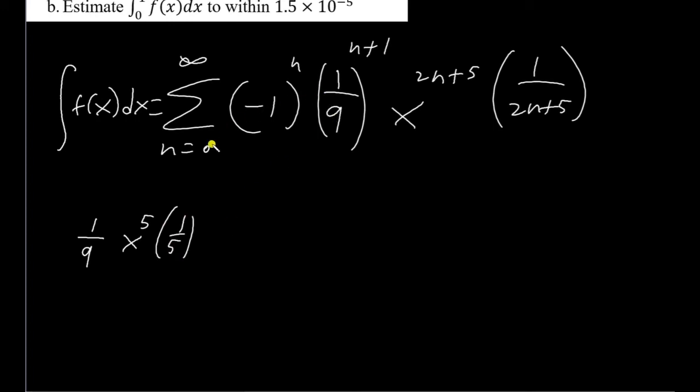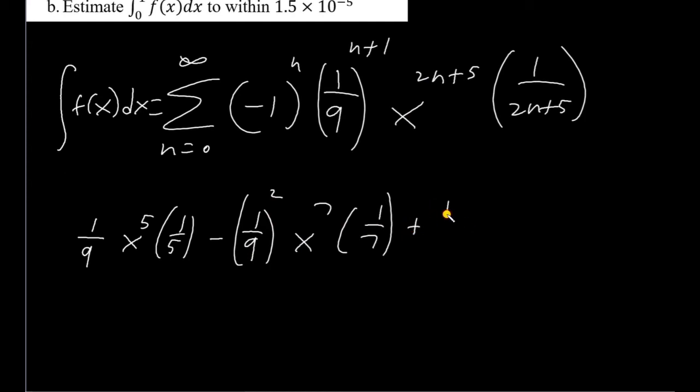And then next, if we look at n equals 1, we'll have negative 1 to the 1, so we'll have a negative, and then 1 over 9 to the 1 plus 1, so 1 over 9 squared, and then x to the 2 times 1 plus 5, so x to the 7th, and then 1 over 2 times 1 plus 5 times 1 over 7.